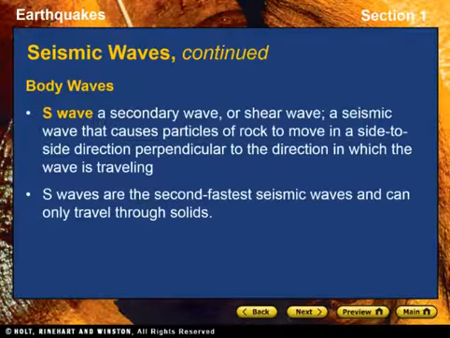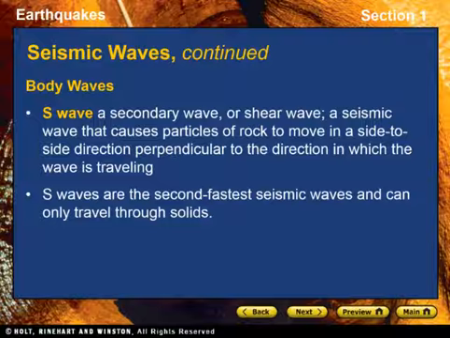Let's contrast that with the S wave. So an S wave is, again, a type of body wave. These are traveling through the body of a medium. S wave stands for secondary wave or shear wave. It's a seismic wave that causes particles of rock to move in a side-to-side direction, that is, the important part, perpendicular to the direction in which the wave is traveling.